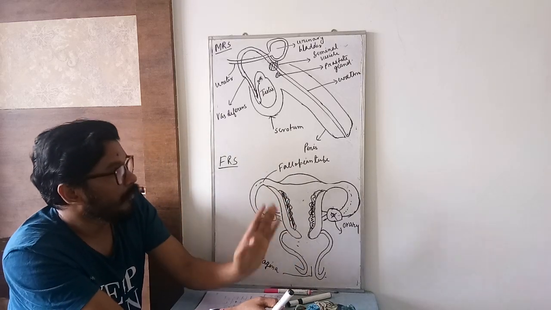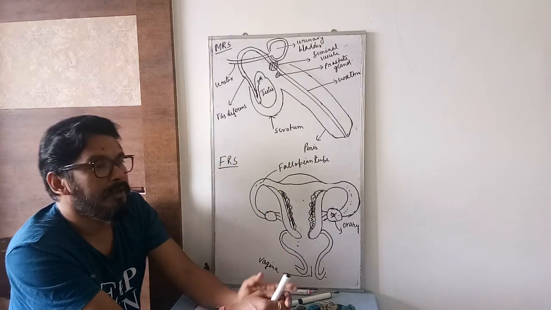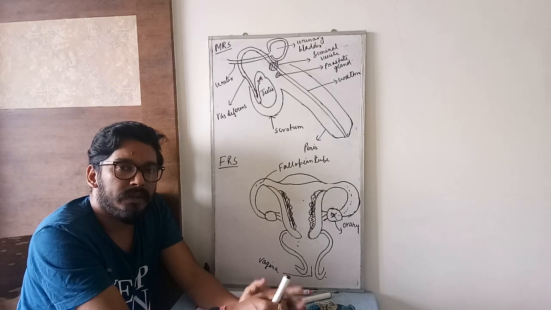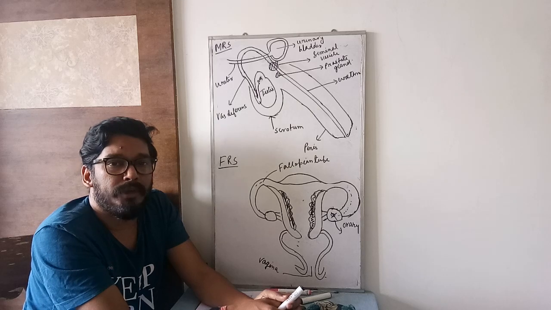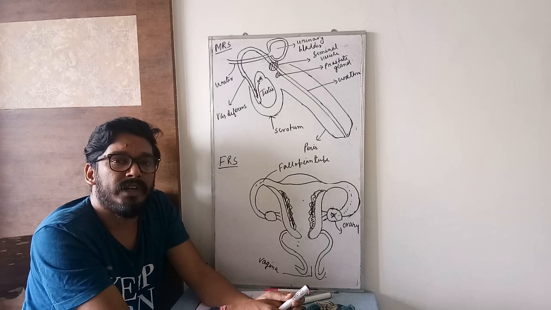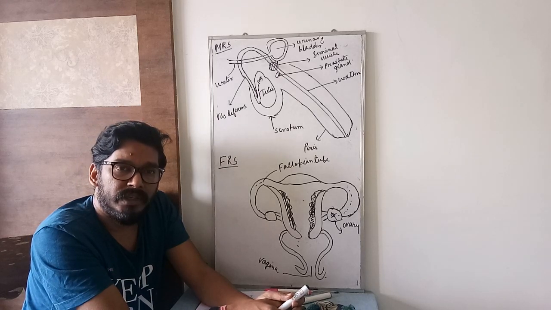So this is all about the male reproductive system and the female reproductive system. Clear? Now the question comes: during sexual reproduction many sexually transmitted diseases may also get transferred.